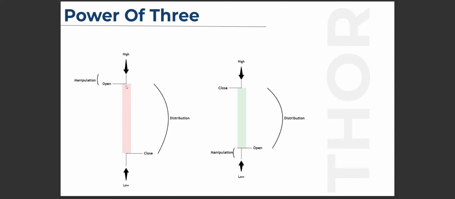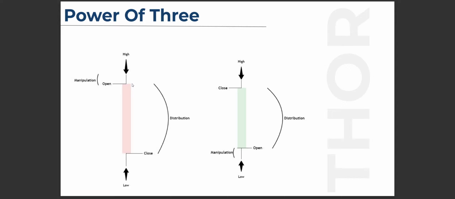So we have an open at this body up there, a high wick, then price moves lower, all the way to this wick low, and retraces a little bit and closes the candle right there. So from the open to close out the candle, you can also take the low. It is what we call the distribution phase.